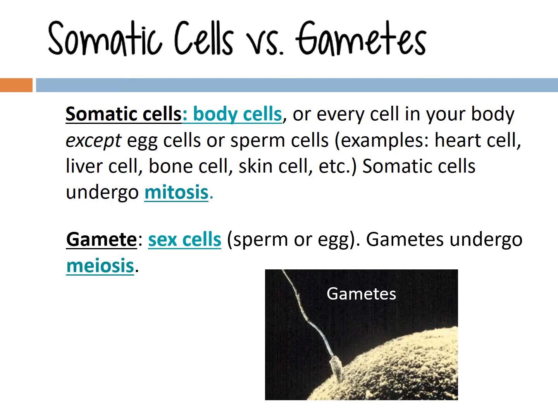The opposite of that is a gamete. Gametes are the sex cells, and gametes undergo meiosis. Okay, so there is a difference. This is your whole body. That's what we mean by body cells. And your sex cells, those are the eggs and the sperm.